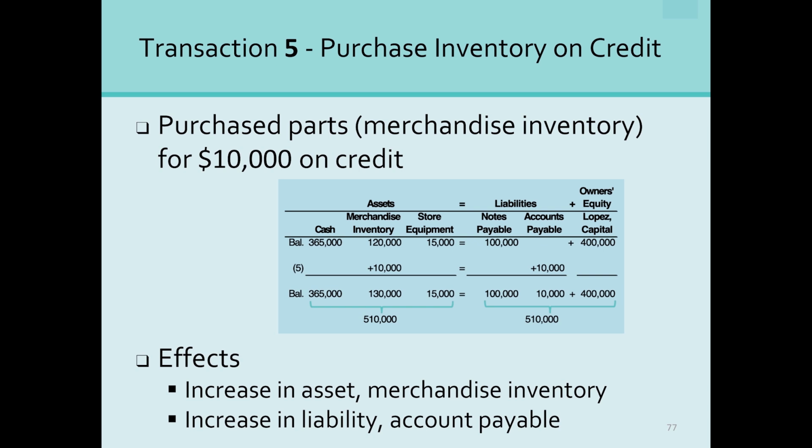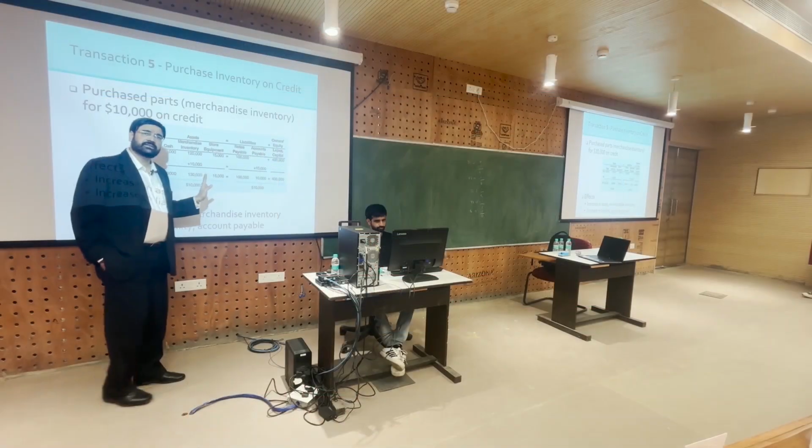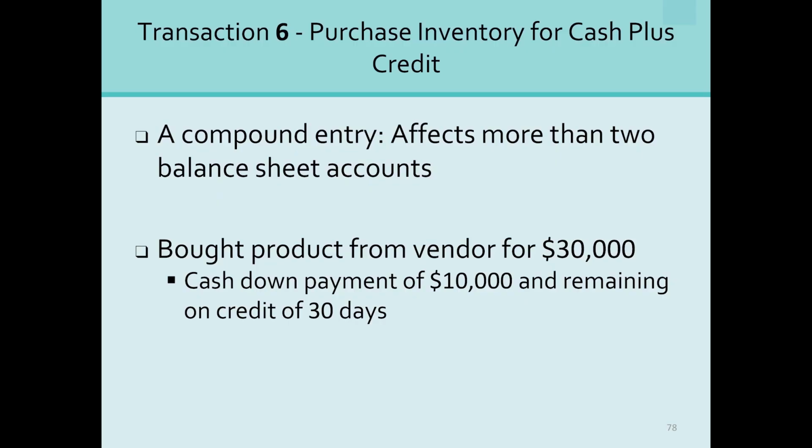So, at the end of this transaction, this is our balance sheet, and we have silently noted that yes, the accounting equation still balances, and also that every transaction has at least two aspects, right. Compound entry: just now I said that we have simple entries which only have two aspects.